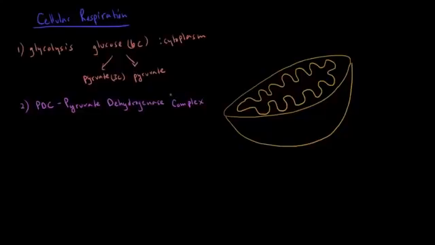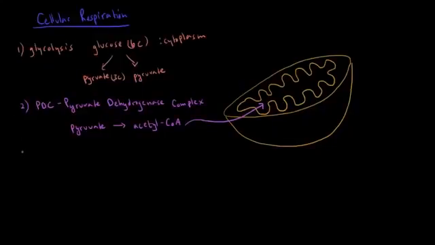During the PDC, pyruvate, and remember we have 2 of them, gets converted to a molecule known as acetyl-CoA. You may recognize acetyl-CoA as the molecule that enters the Krebs cycle. The PDC happens in the matrix of the mitochondria, so all the enzymes involved in the PDC are found in the matrix as well.